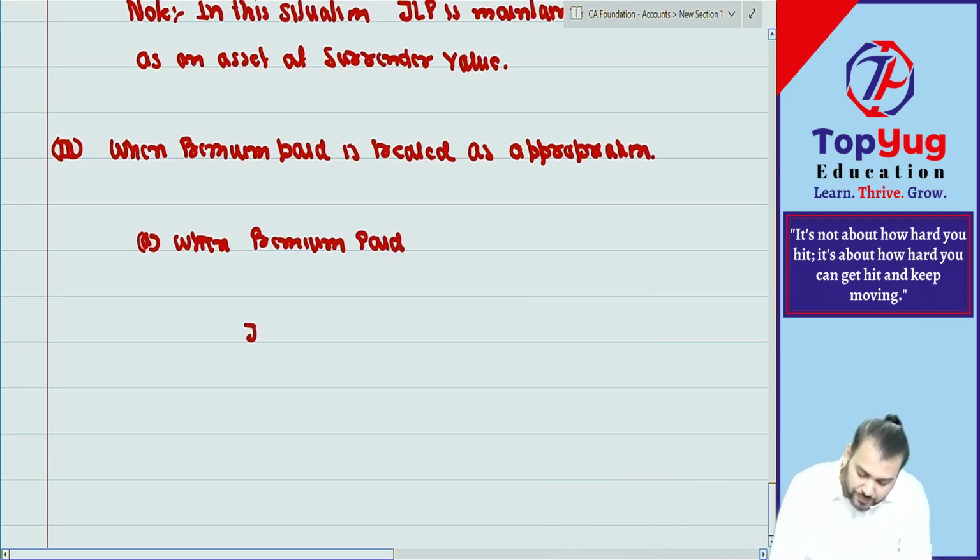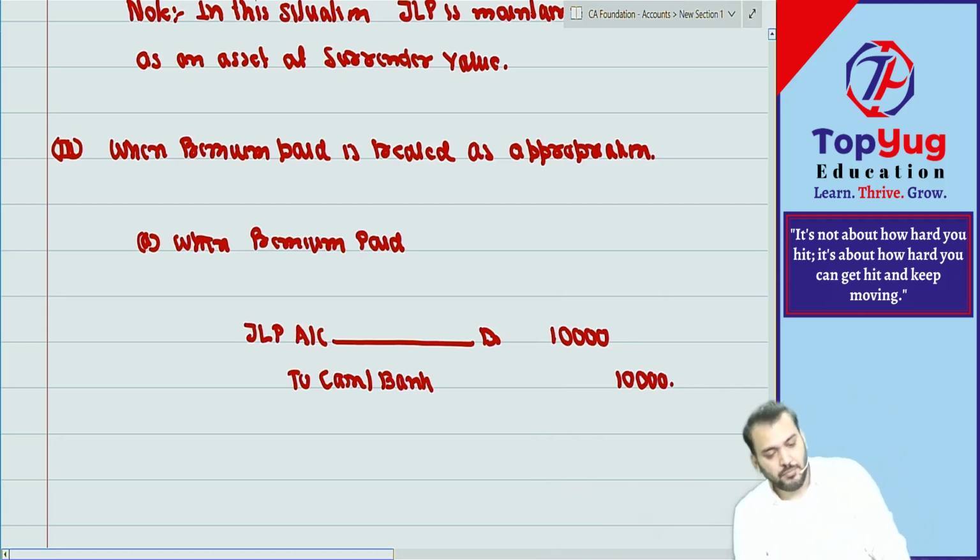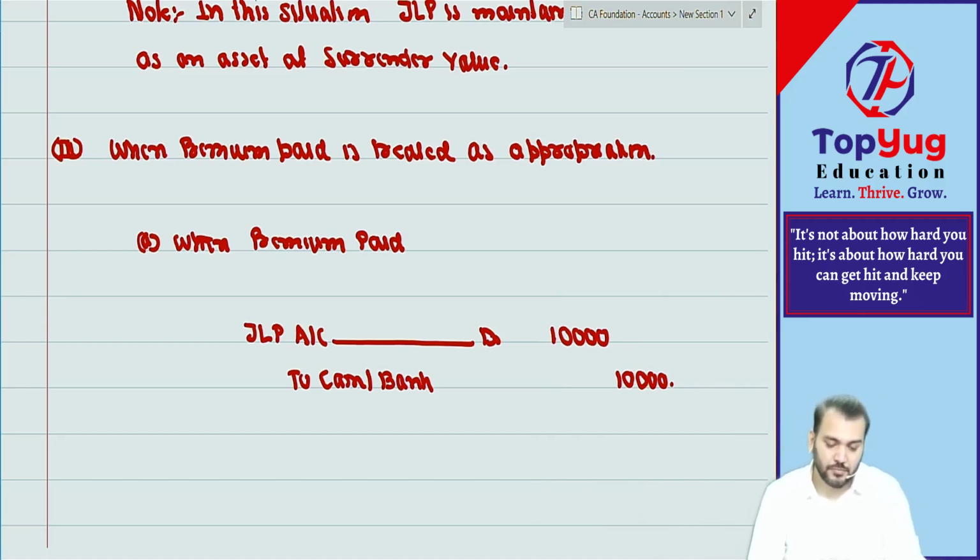Point number A. When premium is paid, what journal entry? JLP account debit to cash or bank. How much? Suppose 10,000. Let us assume 10,000. Understood?